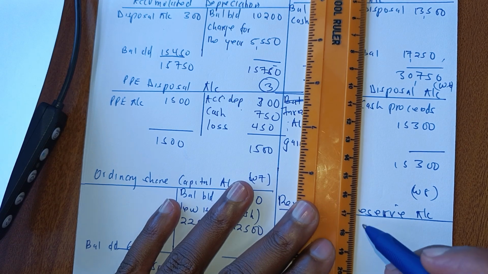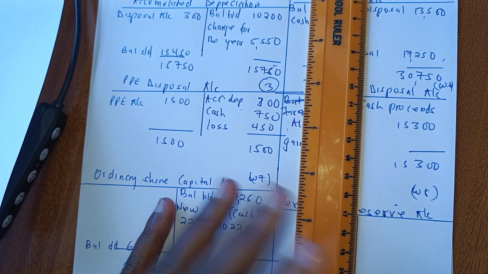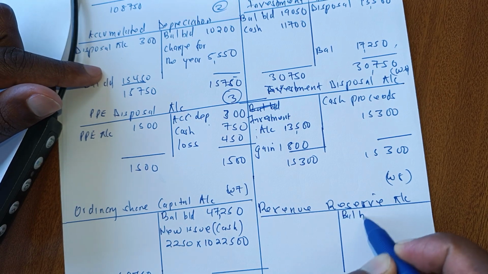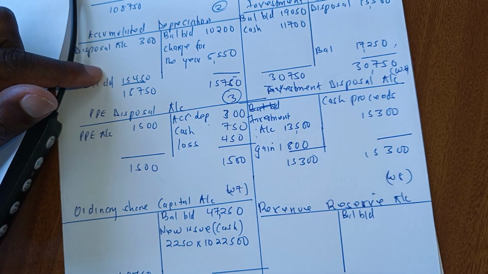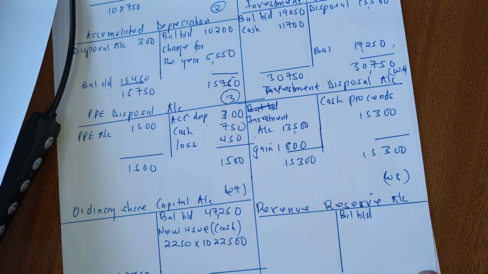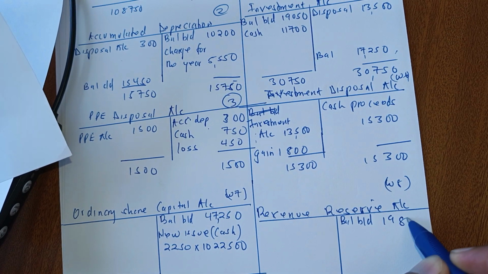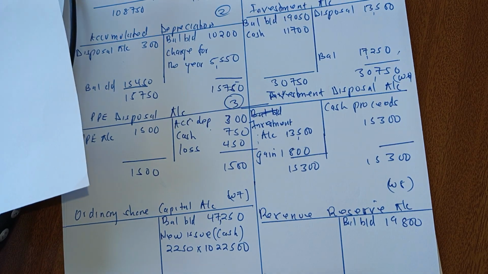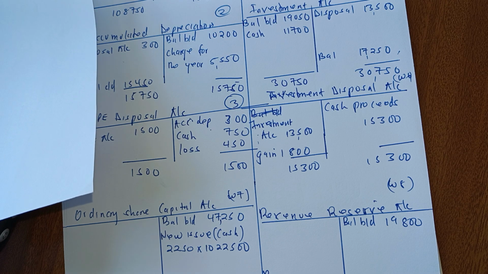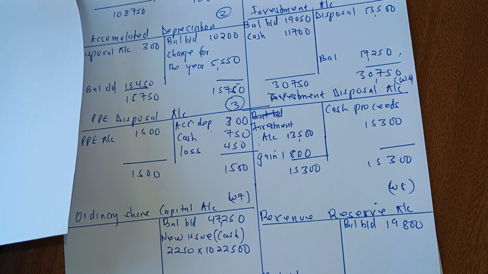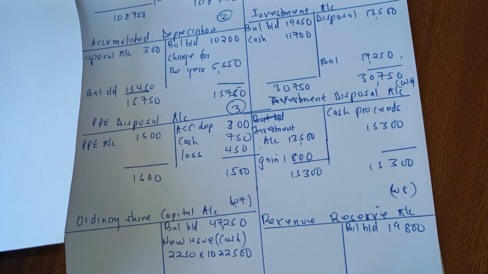We process also equity, so balance carried down on this side, with the balance carried down of 19,800. Balance brought down was 21,000.